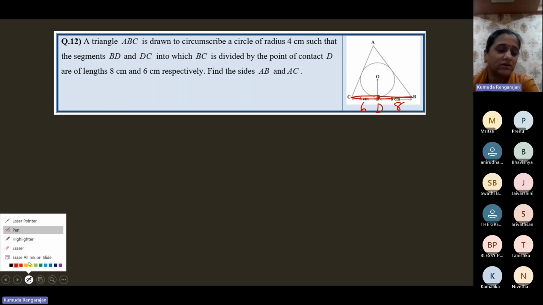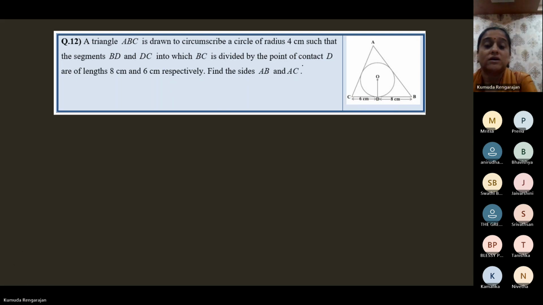Very simple, the procedure to find the answer. Step 1 is to join the center of the circle to the vertices of the triangle. That is, we have to divide the whole triangle ABC into three smaller triangles.